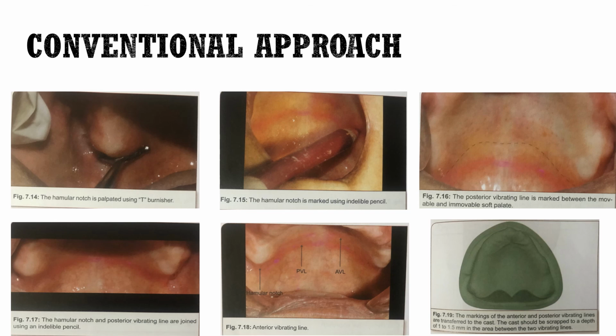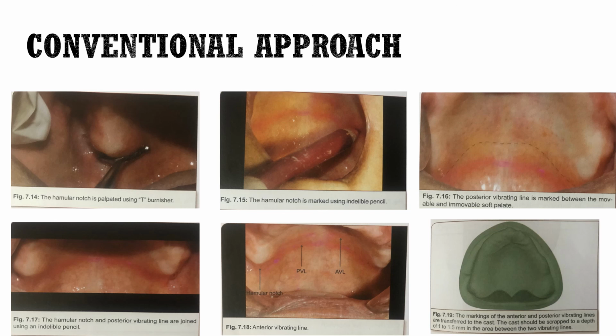There can be many reasons for it: you may have excessively trimmed the posterior border by mistake, or if the patient has a gag reflex, because of that fear you may not mark it properly.